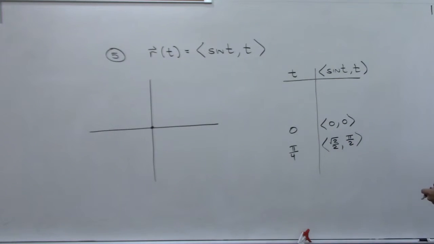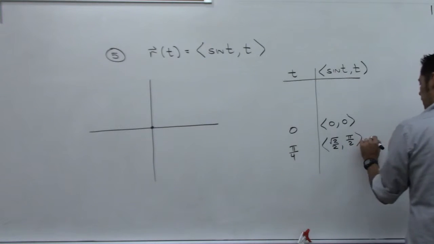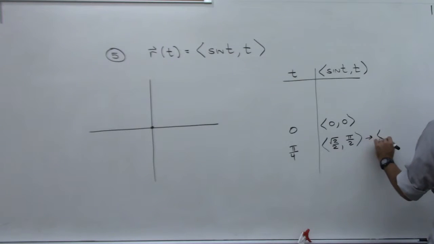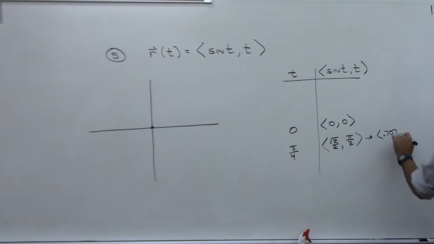Okay, so what I'll do is I'll get my calculator out here just to make sure I get these as accurate as possible. So root 2 over 2 is 0.707, close enough. And then pi over 2, 1.57.